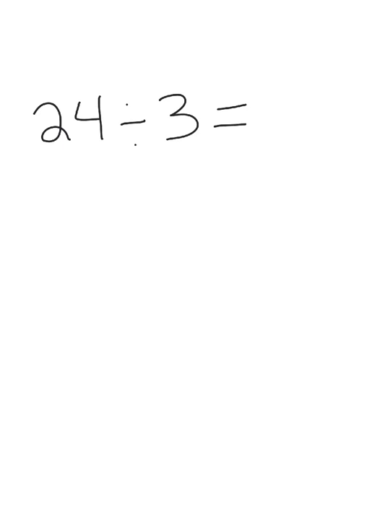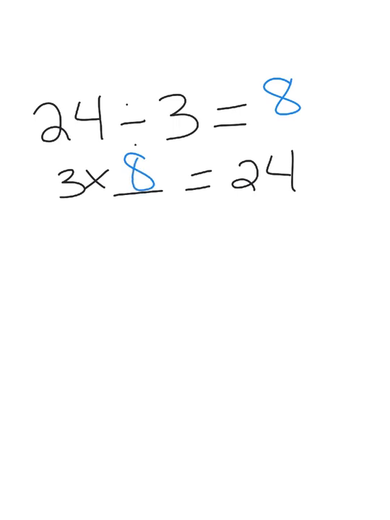So all you have to do is think, 3 times what number equals 24? Now, I know that you all know your facts because we have worked so hard on that. So your answer should be 8. 3 times 8 is 24. Therefore, 24 divided by 3 is 8.